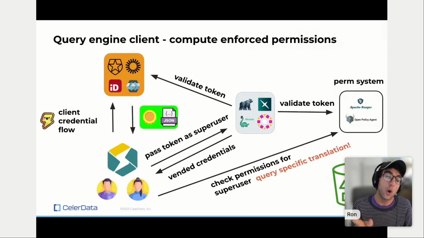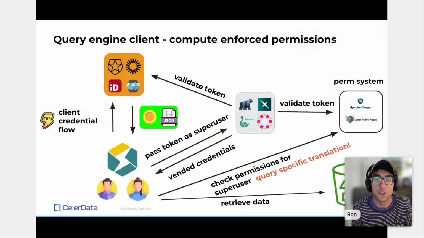I'm basically going around the catalog to check the permissions for the super user. The only thing earlier at this validate token step was just to check whether the token is valid for the permission system. There wasn't any permission checking happening earlier. That is happening now from the engine to my external permission system. And then, once I check the permissions, then I can finally retrieve data. In this case, let's say it's like a bucket that I have. So that is compute enforced permissions.